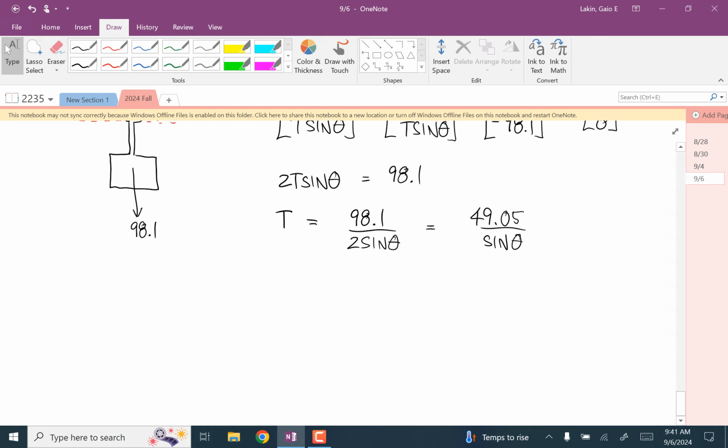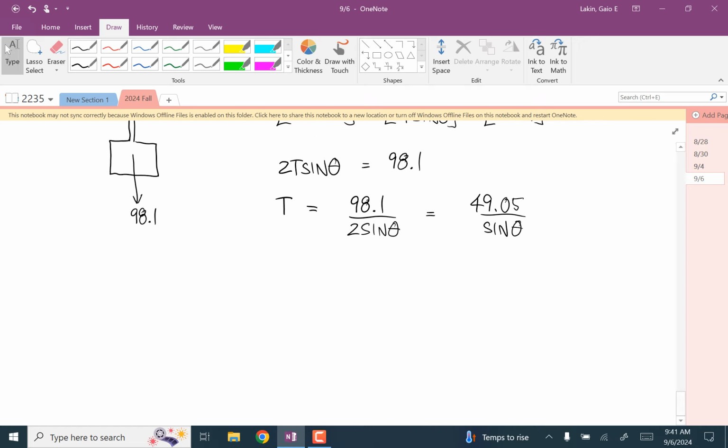The next thing we're going to get into, so I'm going to give you a bunch of these particle problems to do, but then the next thing we're getting into is rigid body statics.